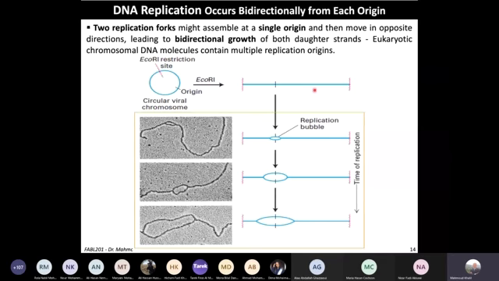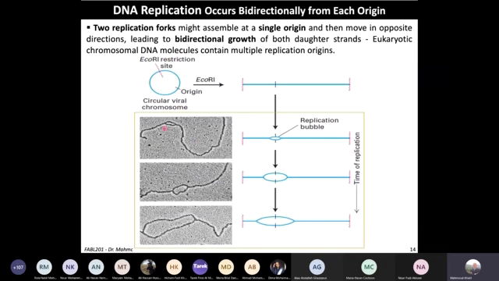And we assume that this is the replication origin where replication starts. At that location, the DNA melts and the hydrogen bonds are broken. So a replication bubble arises that soon becomes larger, building the daughter strand on the template strand. You can see this in the diagrammatic sketch.